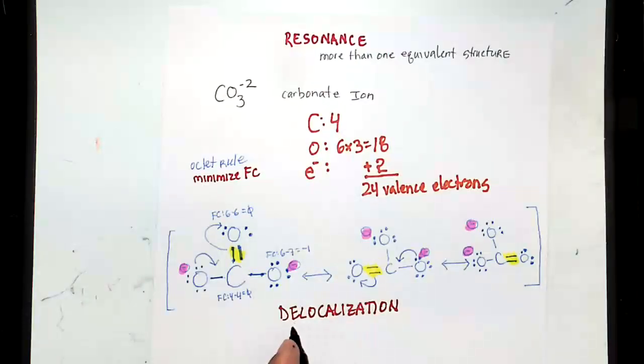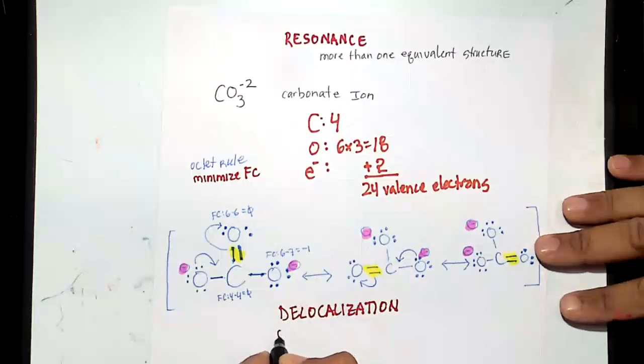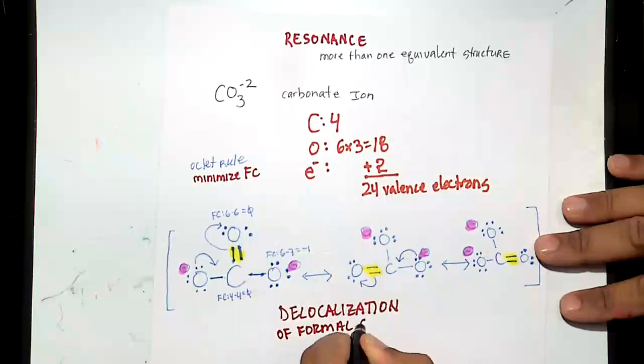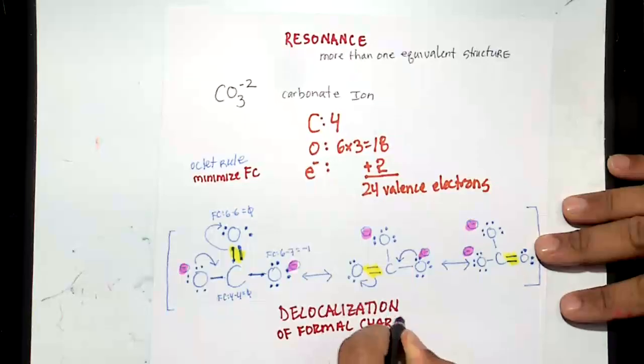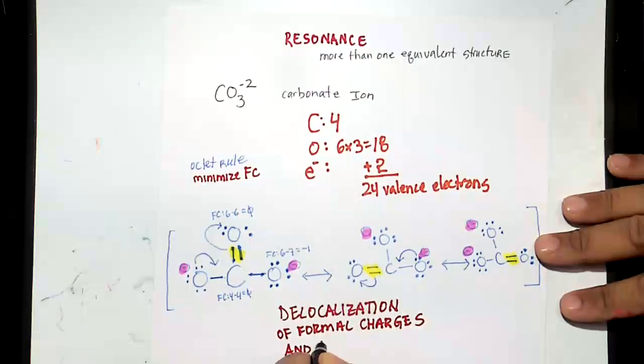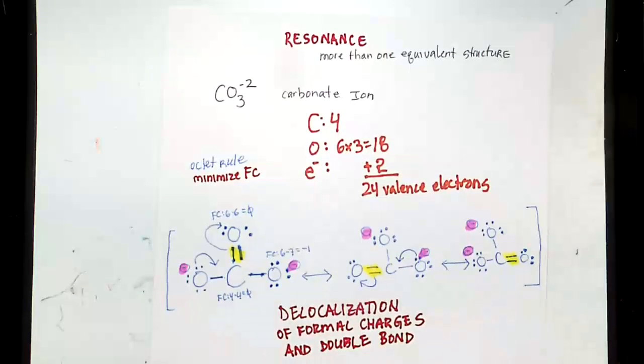So we have delocalization of the formal charges, and we have delocalization of the double bond. So this gives carbonate a lot of stability. Carbonate is very stable.